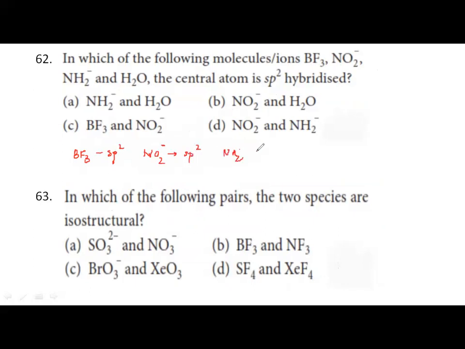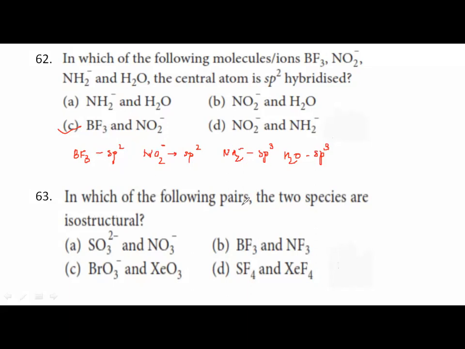NH2 minus, we have seen it is sp3, and H2O is also sp3. So sp2 hybridized are BF3 and NO2 minus. So option C is the correct option. We have already seen this question so many times, asked in a different way.